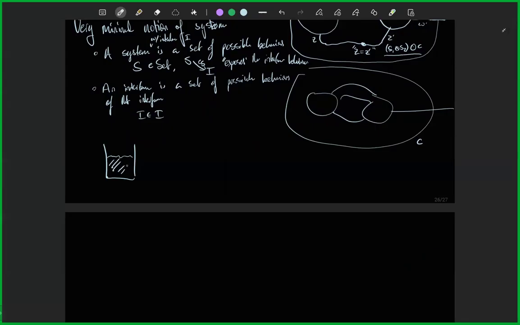The water has a certain height, h, and imagine we have little pipes at the bottom, little holes at the bottom, and there we can consider the pressure, P1, P2, and the flow of water potentially coming through these pipes.